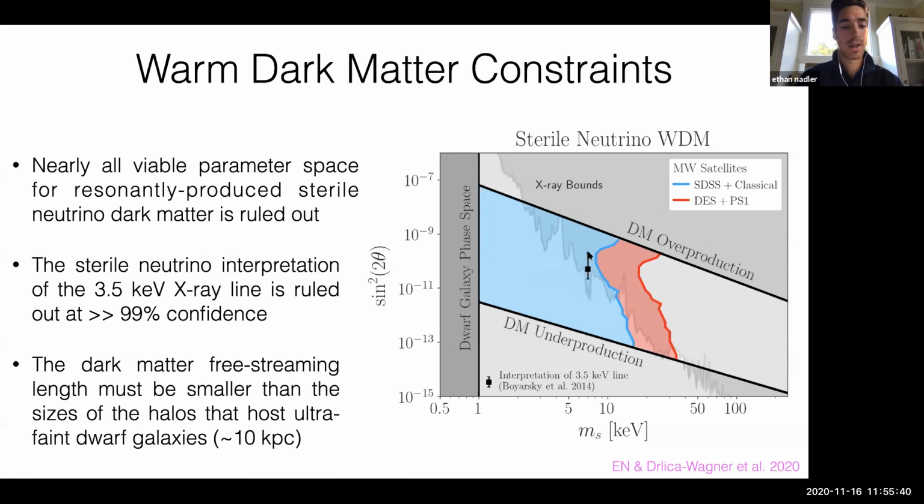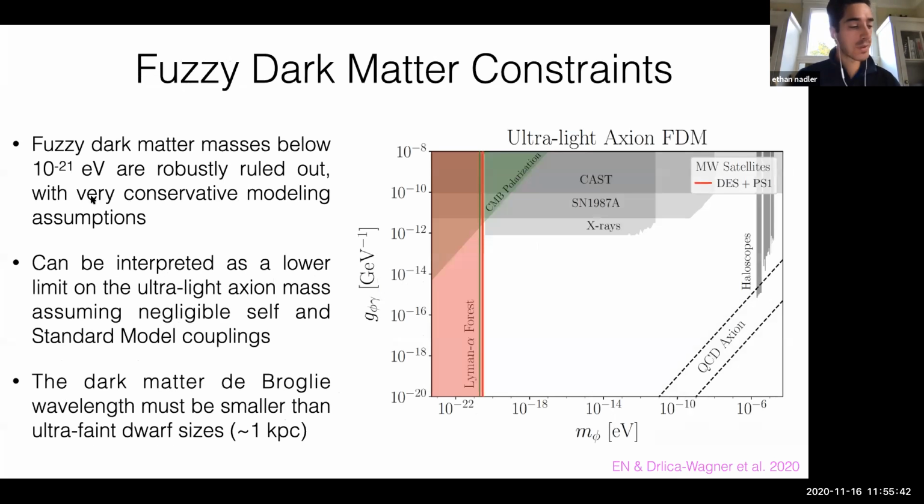Okay, so I want to briefly mention fuzzy dark matter because it has gotten a lot of interest lately. The idea here is that if the dark matter particle is so light that its de Broglie wavelength is of an astrophysical scale, this actually suppresses the formation of small halos, essentially due to quantum interference. And so what this analysis yields is a lower limit on the mass of the fuzzy dark matter particle of roughly 10 to the minus 21 eV, which is again comparable to other small scale structure limits.